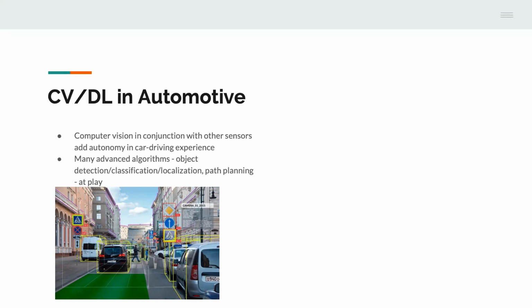And that basically does utilize some advanced algorithms for object detection, classification, localization. Another aspect is path planning, wherein you try to navigate. The car needs to determine which path it should take. You can see, like in this picture, the car can see that there are pedestrians, there are cars on the right and left, and there are some traffic signs.